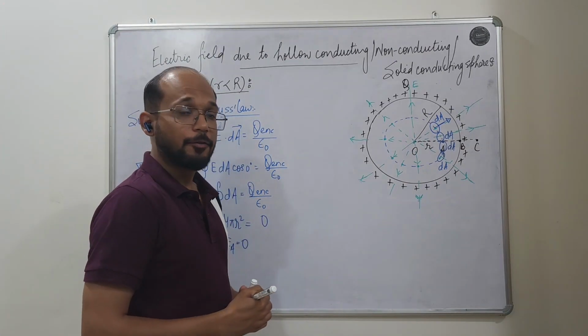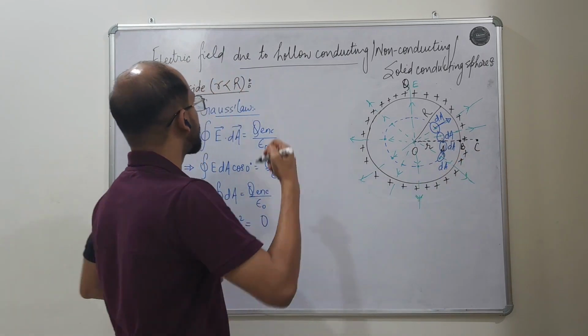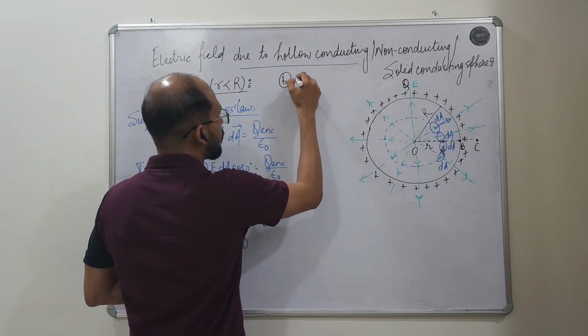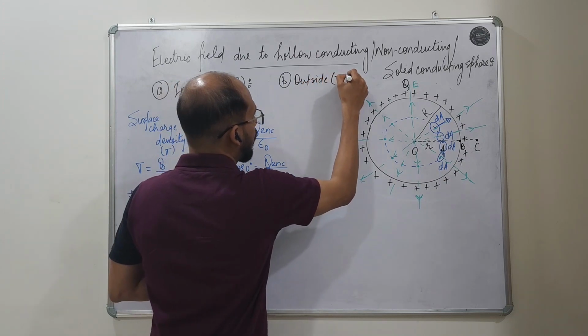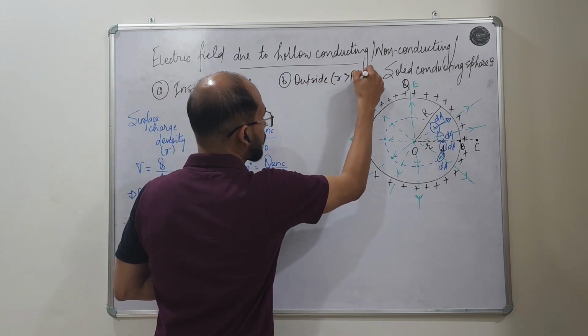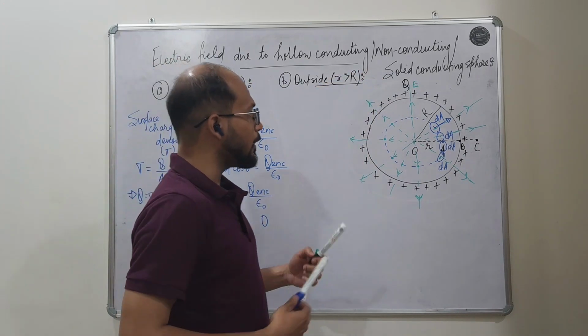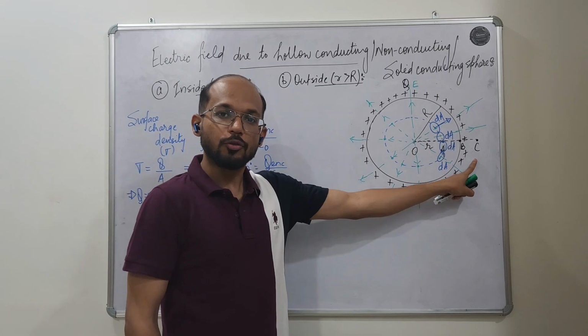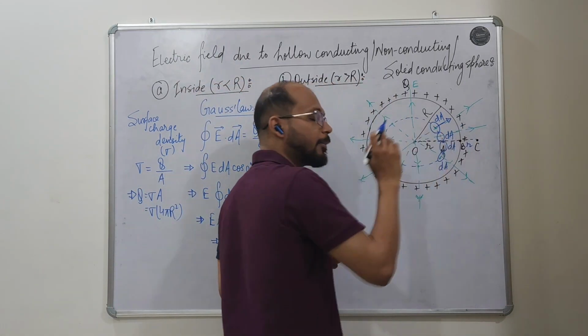Now we will find the electric field outside the sphere at point C. Outside, r is greater than capital R, the radius of the sphere. So what will we do? We have to find the electric field at point C, which is outside the sphere, at a distance r from the center.